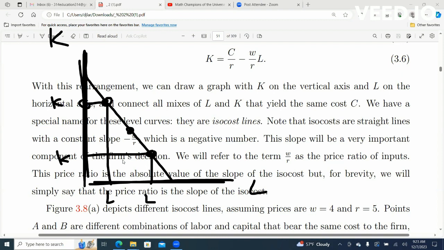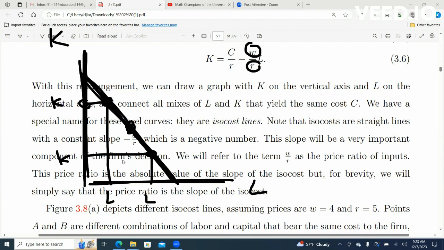The cost is the same for all values of L and K on that line, where W and R are constants. So that's why they called it an isocost: as long as we're on that same line, the cost is going to be the same.